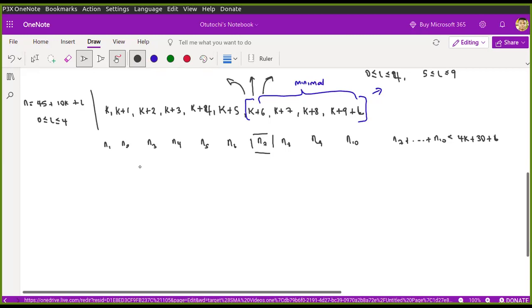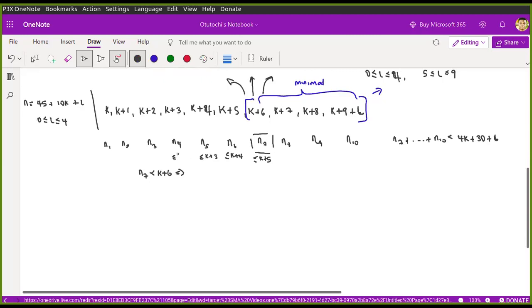So for the first case, if n7 is less than k plus 6, that's going to imply that n7 is less than or equal to k plus 5, right? So that's going to imply that n6, because of course this is ordered, we know that n6 is less than n7. So that will imply that n6 is less than or equal to k plus 4. And this in turn is going to be less than or equal to k plus 3.